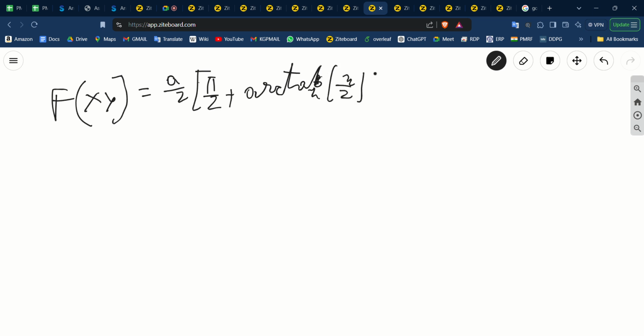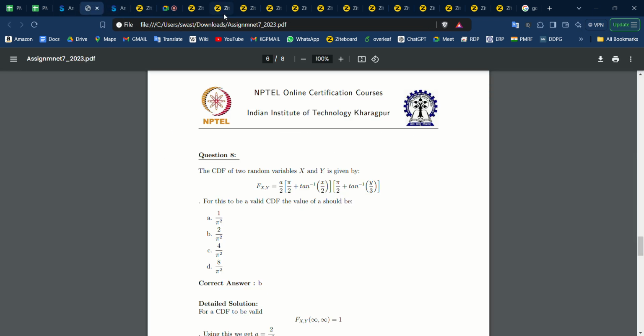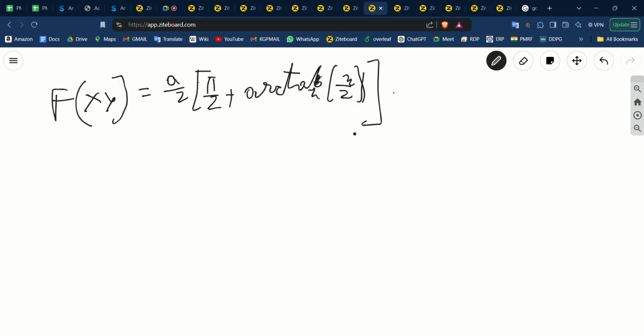Arc tan means tan inverse. It's the same thing. Arc tan and tan inverse mean the same thing. And pi by 2 plus arc tan y by 3.